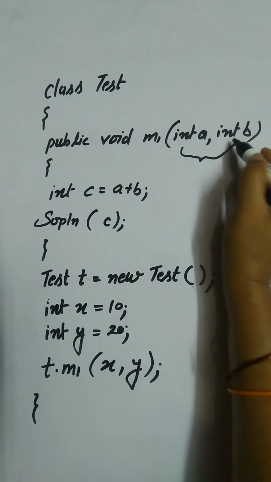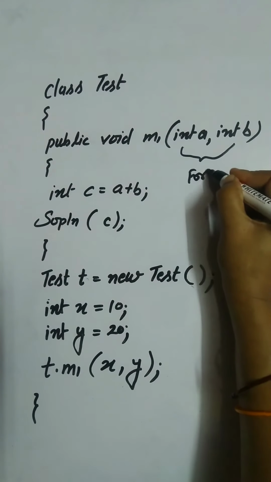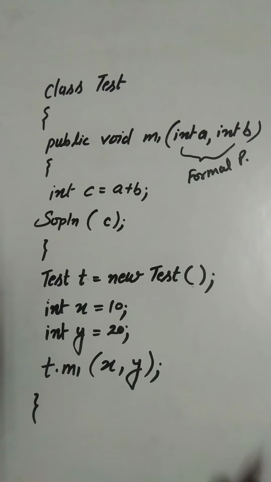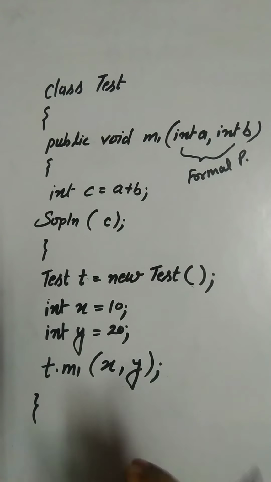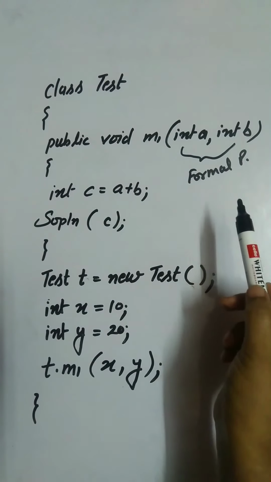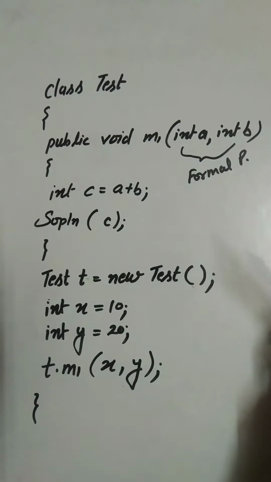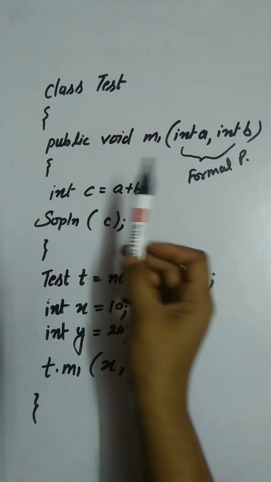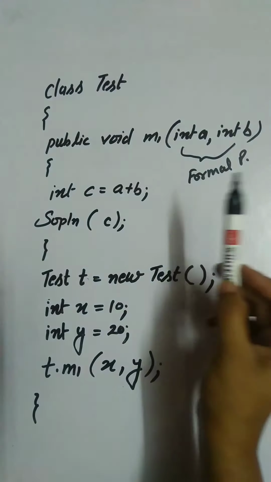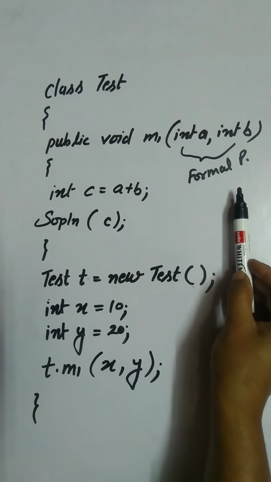In the definition, meaning in the declaration of the method, the parameters are known as formal parameters.